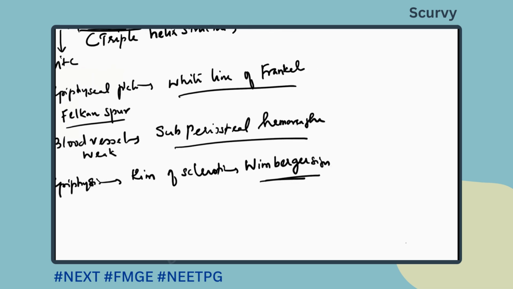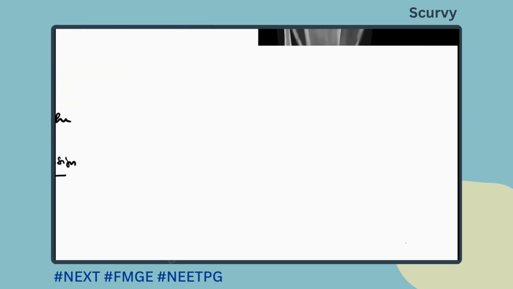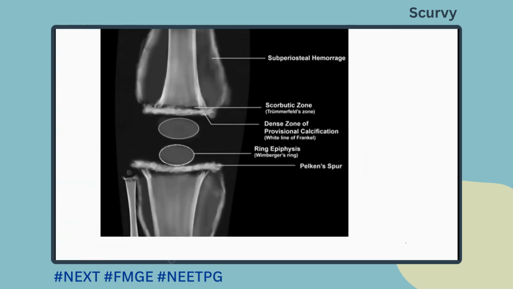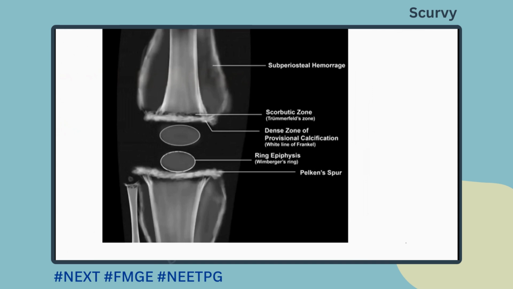Okay, so we'll see all this in this X-ray. You can see the periosteum is lifted here and hemorrhage has happened. So this hemorrhage is called what? Subperiosteal hemorrhage. Blood vessels are made up of three layers.